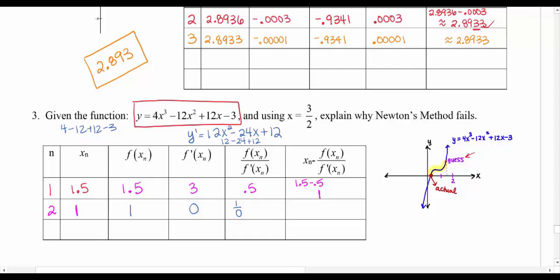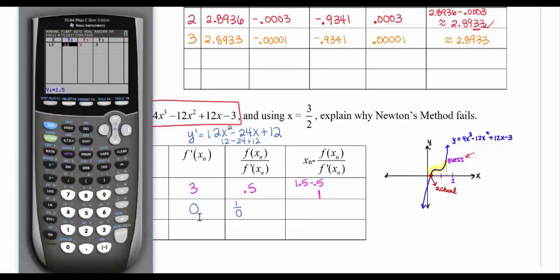What you might have found if you did it using your calculator is something that looks like this. So it calculated the original function correctly at 1, but then it's basically trying to tell me that that's 0. And so remember, this ratio is kind of telling you how far you're shifting that over, because that's what you subtract from your x value to get your next guess.